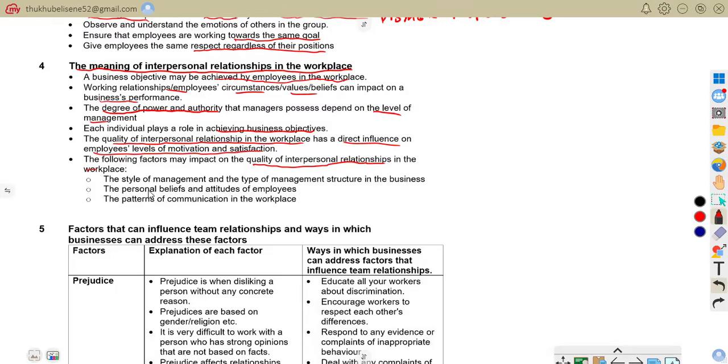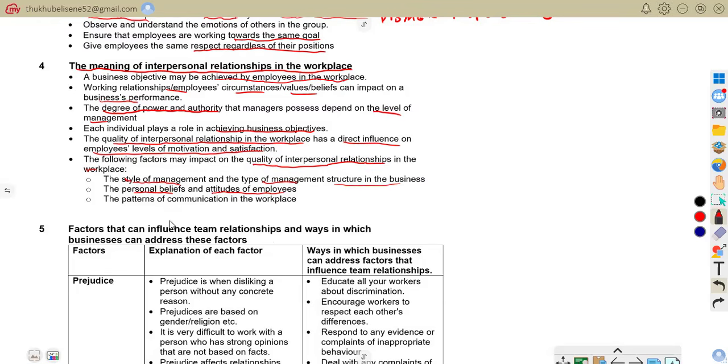The style of management and type of management structure: autocratic managers may cause fear, because all the decisions are concentrated at the top. Then the personal beliefs and attitudes of employees: positive attitudes bring great harmony.